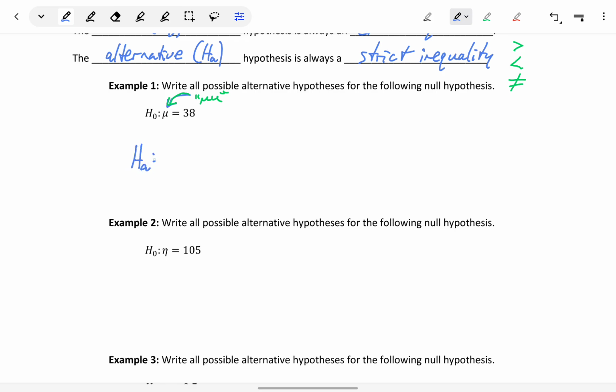The alternative hypothesis can be one of three statements. Either that mu, the population mean, is less than 38, mu is greater than 38, or mu is not equal to 38.